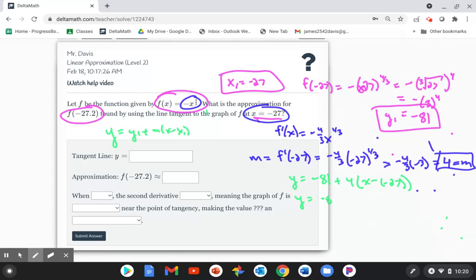So y equals negative 81 plus 4x, and then 4 times positive 27 is 108, plus 108. So y equals 4x plus, 108 minus 81 is 27. 4x plus 27. So that is our tangent line equation. 4x plus 27.